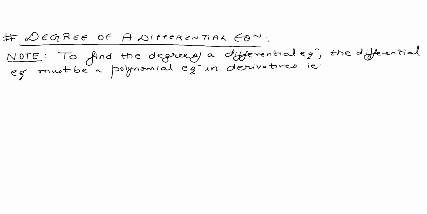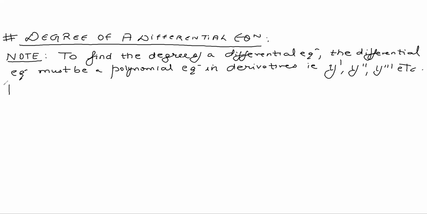That is, guys, what are my derivatives? Y dash, y double dash, y triple dash, etc. That means you can find the degree of a differential equation only if the differential equation is a polynomial in the derivatives. Okay, if your differential equation is not a polynomial in the derivatives, you cannot find the degree.